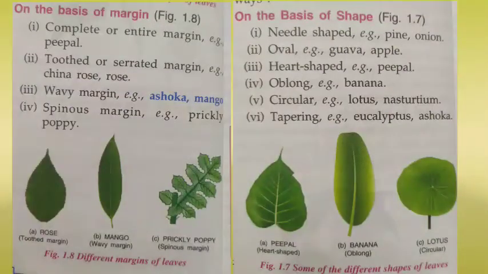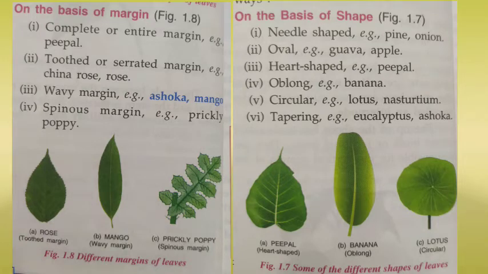The next topic which we are going to study is classification of leaves. Leaves are classified according to their shape, size, margin, etc. So let us study the different types of classification given in this lesson. On the basis of margin, leaves are classified as complete or entire margin, toothed or serrated margin, wavy margin and spinous margin.